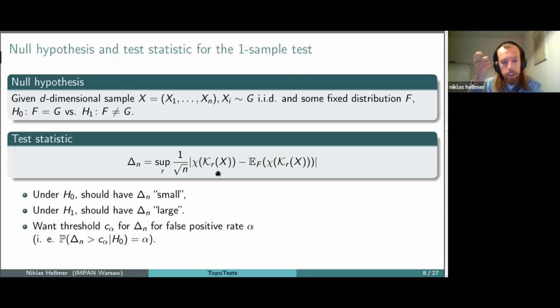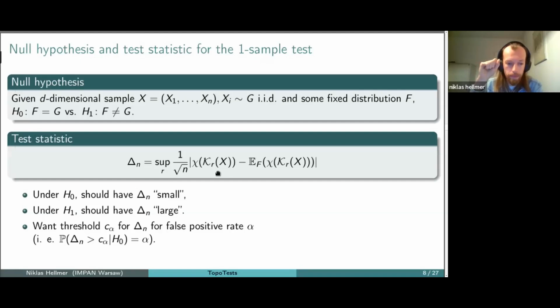Okay. Now, as I said, under the null hypothesis, this test statistic should be small, and under the alternative, this will be large. And we want a threshold for deciding whether to reject this test. And so this threshold C_alpha we choose in such a way that we give ourselves some false positive rate, which we might want to tolerate, say 0.05, so 5%.